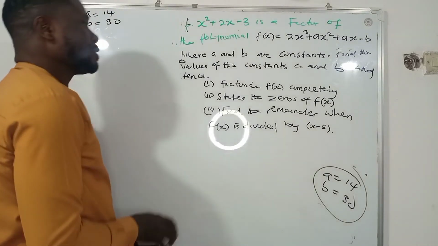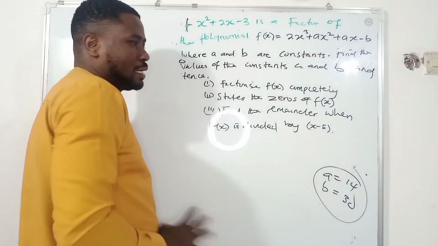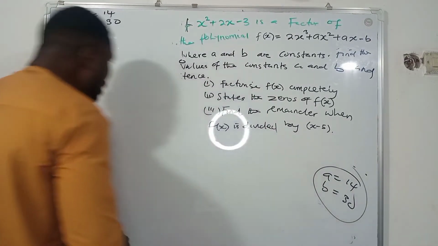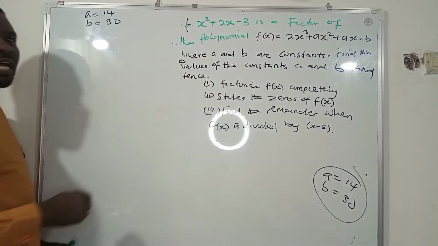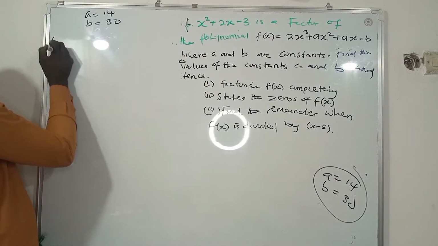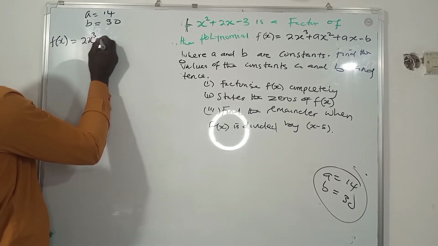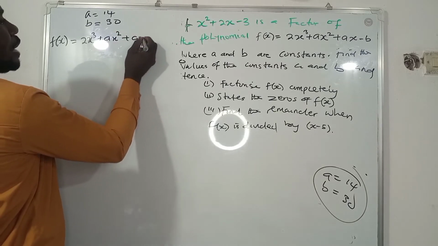Now we have to react to the next question that says factorize f of x completely. For us to factorize f of x completely, it means we have to substitute the values of these constants in the original expression. Of course, f of x is given as 2x raised to the power 3 plus ax raised to the power 2 plus ax minus b.